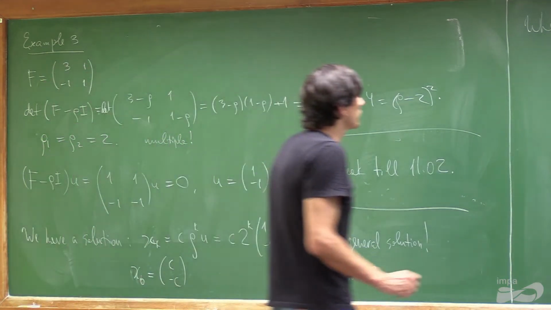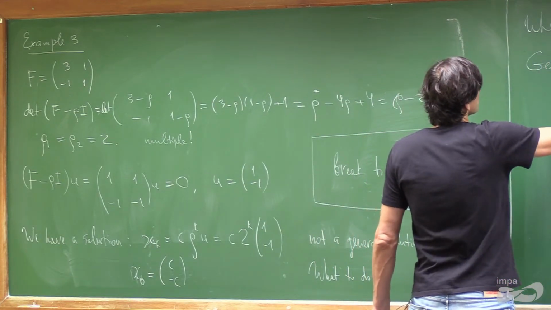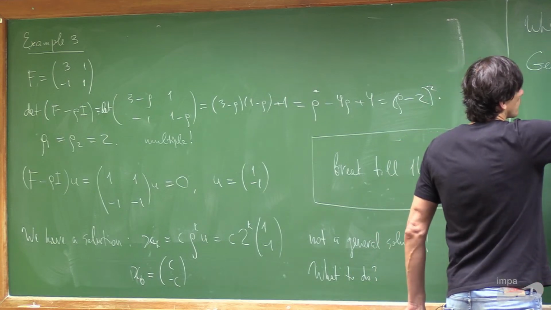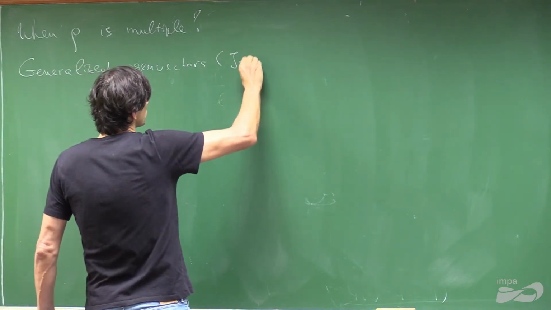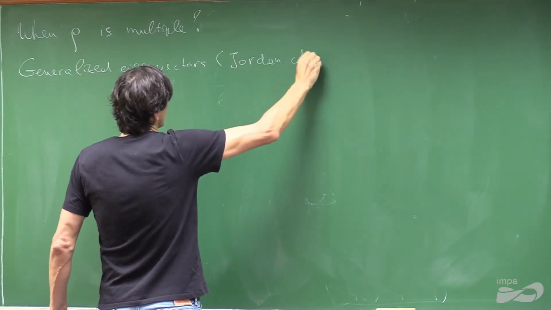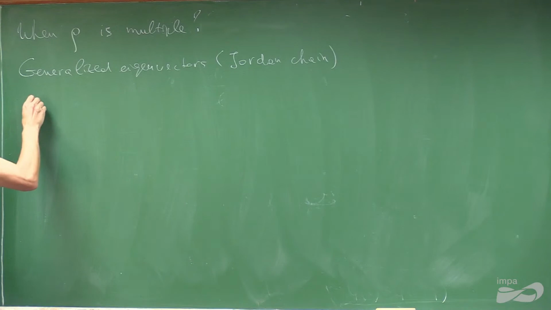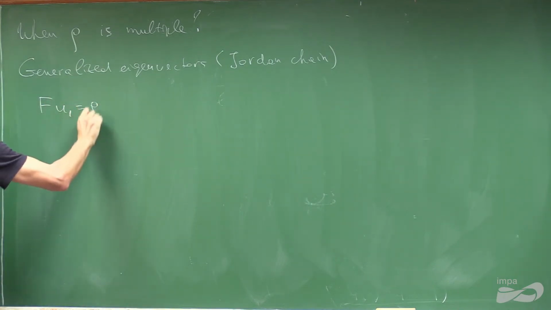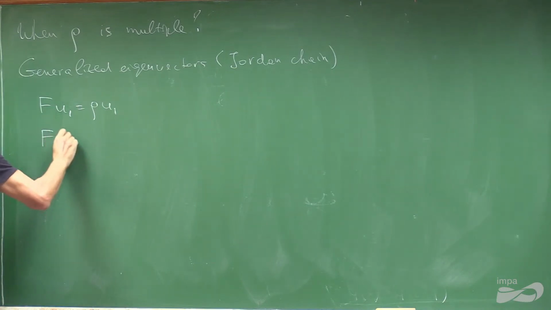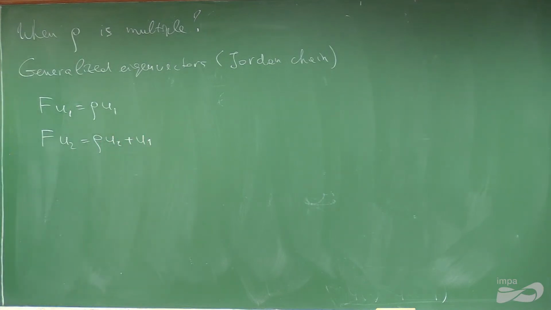So now we recall that we have a concept of generalized eigenvectors. It has to do with the Jordan chain. We can define a Jordan chain as a sequence of vectors where the first is an eigenvector, and the others are defined by adding the previous one to the right-hand side.